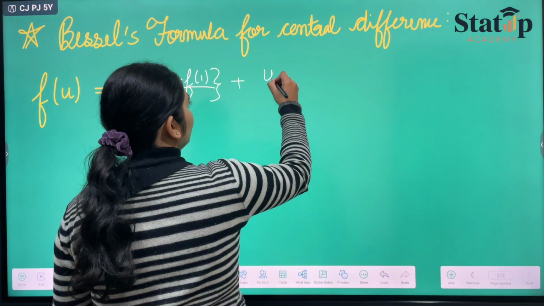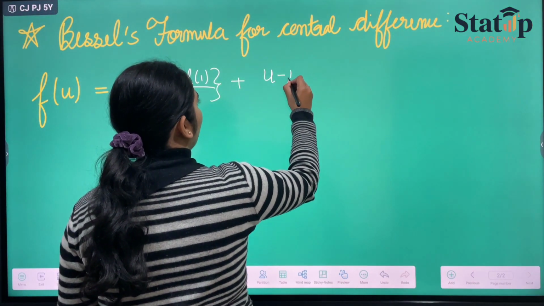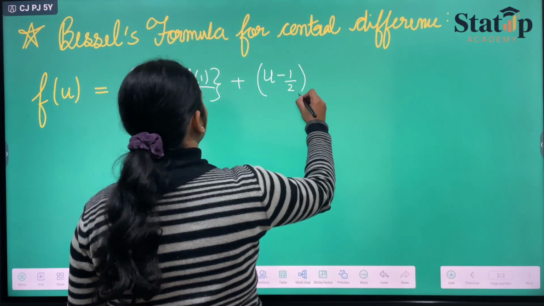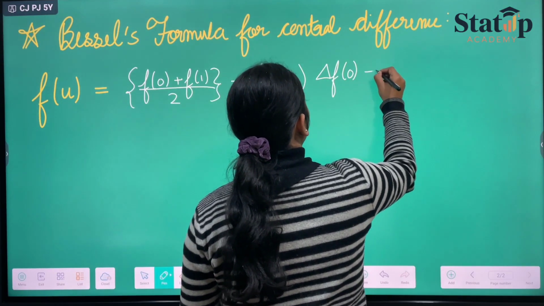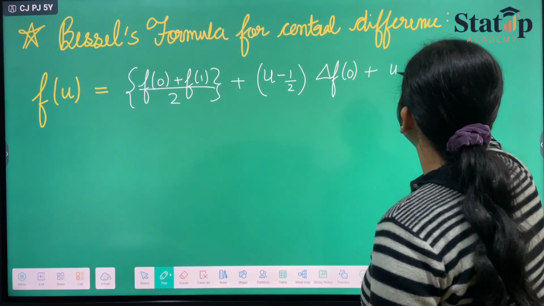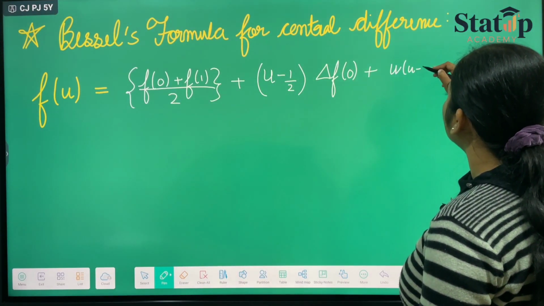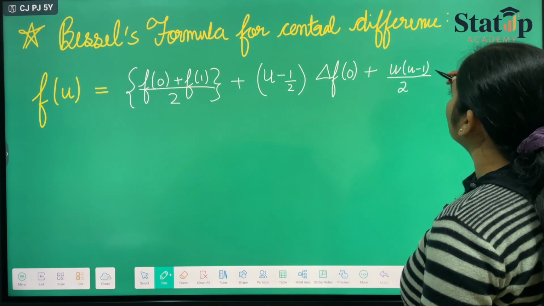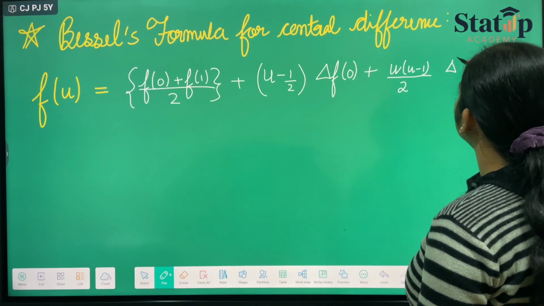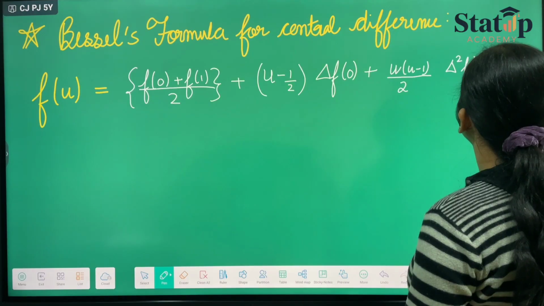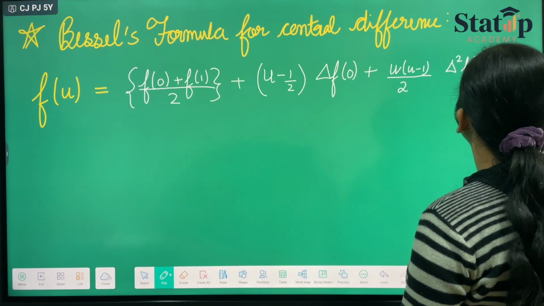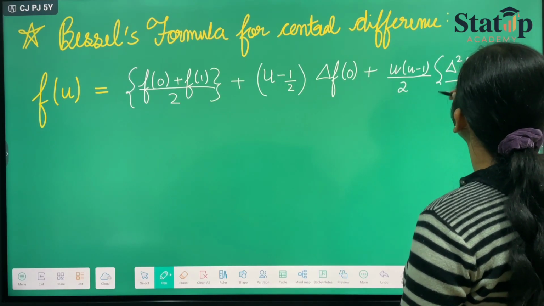The second term is (u minus half) delta F naught. The third term is u into (u minus 1) upon 2 factorial, into (delta square F naught plus delta square F minus 1) upon 2.